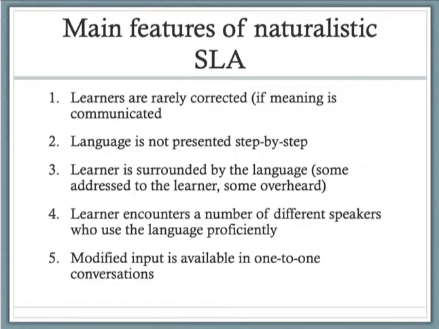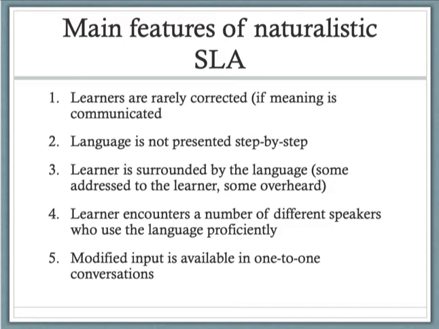Let's talk about some of the main features of naturalistic second language acquisition. These are not in your book, but I think it's really important to go over them. First of all, in a naturalistic context, learners are very rarely corrected as long as their meaning is being communicated, right? So if they're able to express a meaning, then most interlocutors will not correct them.